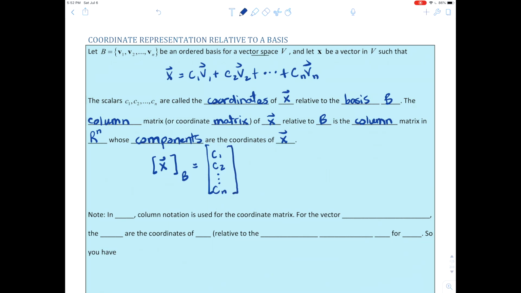So what you have here is that the coordinate matrix of X relative to B is just the scalars that are the multipliers of each vector in the linear combination, right?